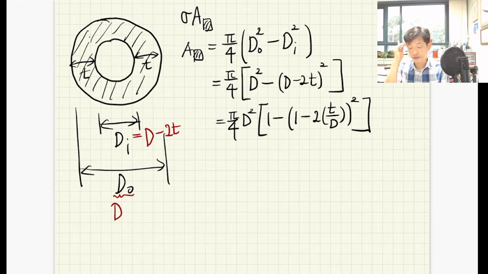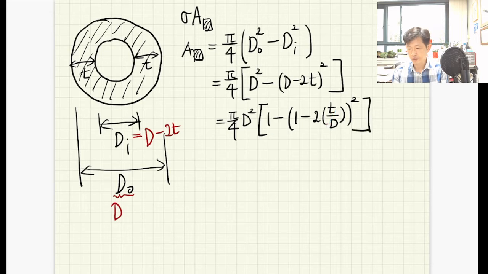As the first simplification, t over D is equal to 0. Then what's going to happen? If t over D is equal to 0, then 1 minus 1 is also equal to 0, and then this is equal to 0. So we cannot accept this simplification, which means we need to tune the simplification procedure a little bit, carefully.